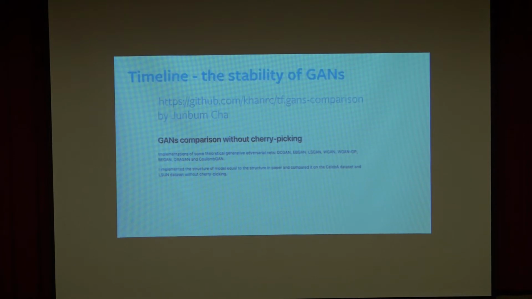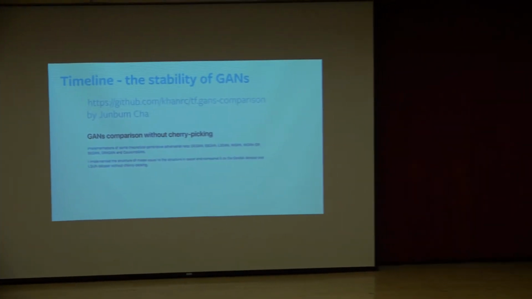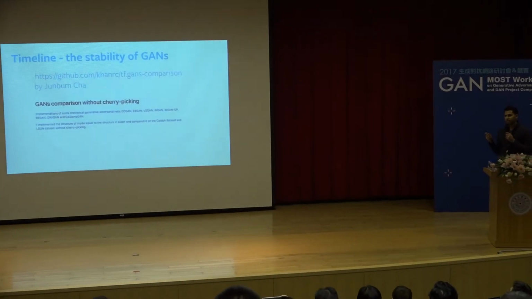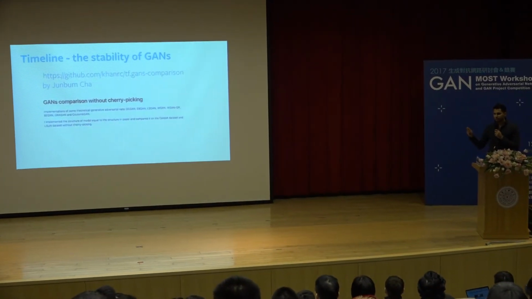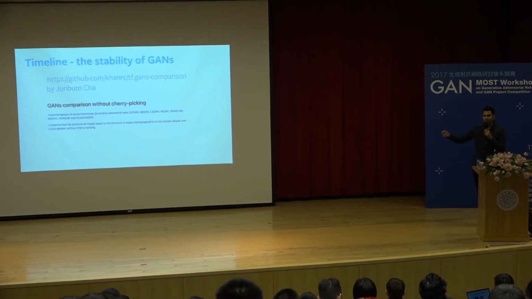And then one interesting repository that I saw was someone implemented all the GANs of different kinds, and then they just compared them arbitrarily. Like, when you're writing a paper, you take the best results and you ignore the worst results.